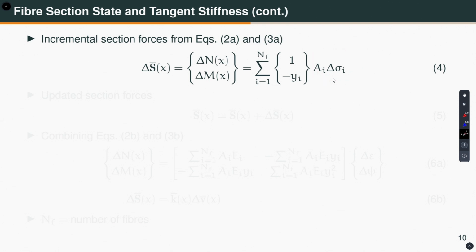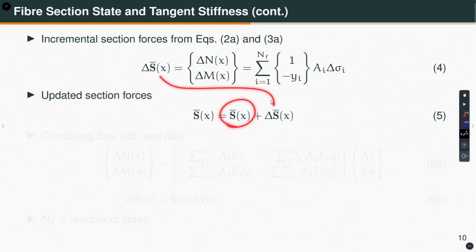So, that means for each fiber you determine the incremental stress multiplied by the fiber area, and then you do this, that will give you incremental axial force and incremental moment. So, this gives us the section forces at the section at a distance x. Okay. So, the updated section force is the previous plus this incremental one.